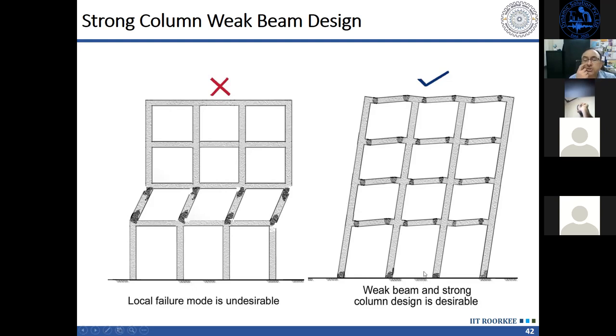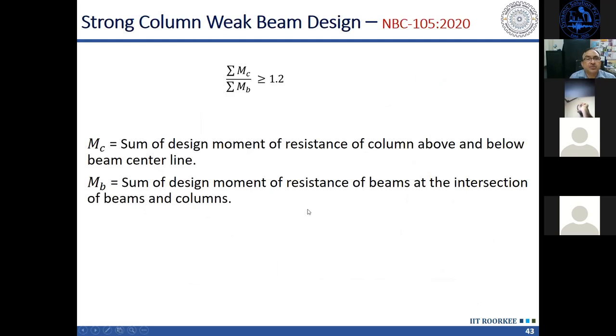And how can we ensure that the beams yield before columns? We have to make columns stronger than the beams. So a strong column, weak beam design is the key philosophy of capacity design. We have to make the columns stronger than the beams. It means at any joint, if I take the sum of strength of all the columns and the sum of strength of all the beams, the strength of columns should be more than the strength of the beams.